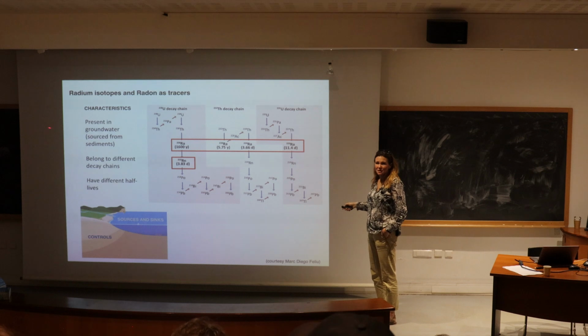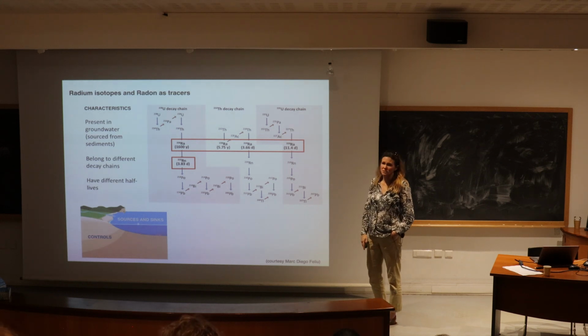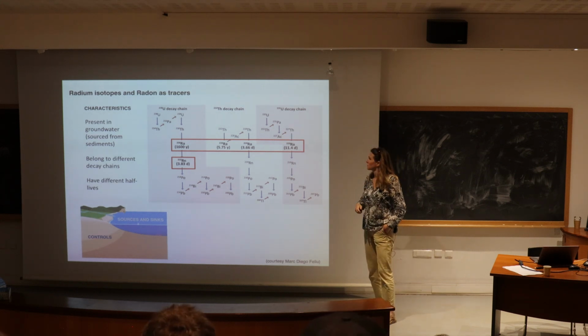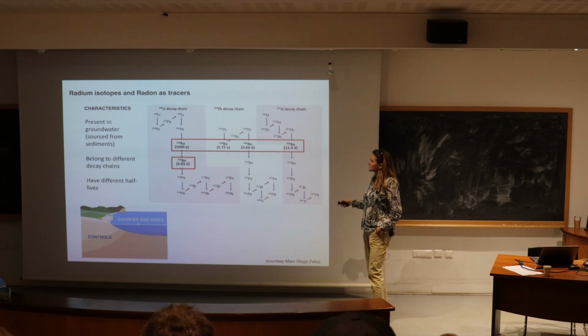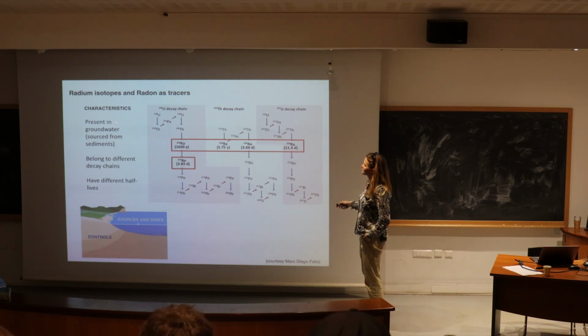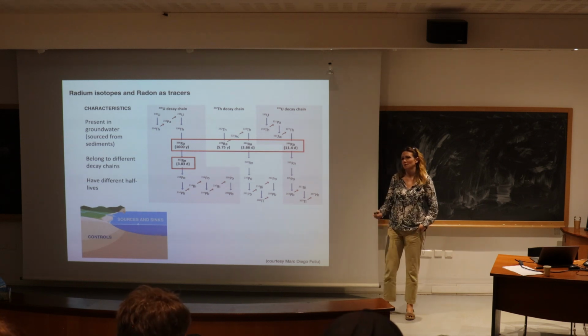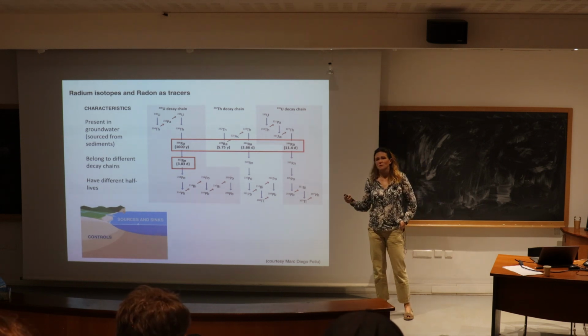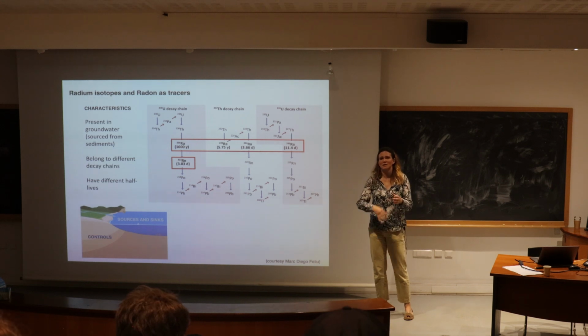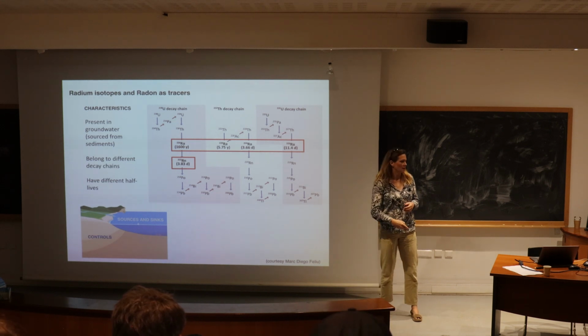There's many, but these are a common tool for understanding water moving through sediments. Why? The idea is that these are coming from decay processes that happen within the sediment. And so if you measure them in the surface water, you're seeing basically the products of what has happened down in the sediments before that water comes back out again.